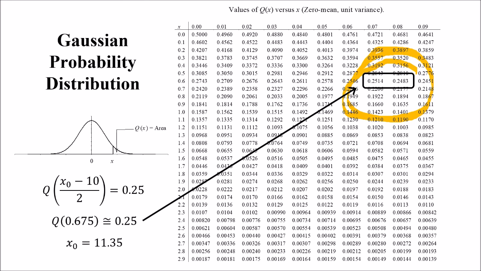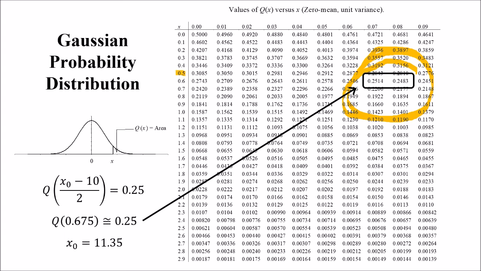Now, you could probably do some kind of linear interpolation and get closer if you wished. But I'm going to presume that it'll be close enough if we're halfway in between these two. So if I take the average of these two entries, then halfway between them would be about 0.25.